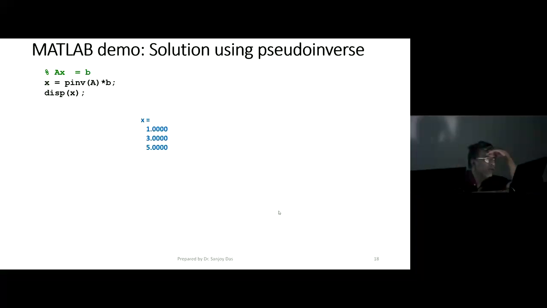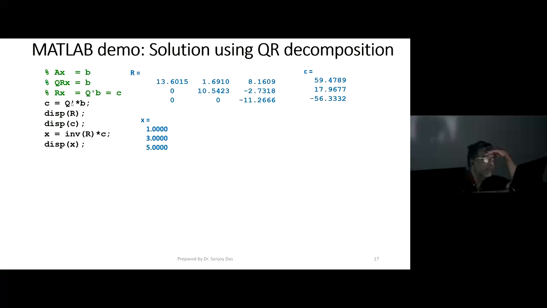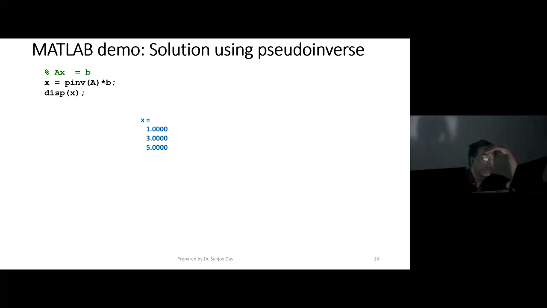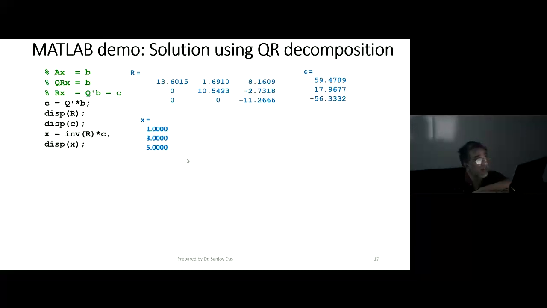This was what I got using reduced QR decomposition, X equals 1, 3, 5. If I were to use the pseudo-inverse method, X equals pinv(A) times B, pseudo-inverse of A times B, I get the same solution.